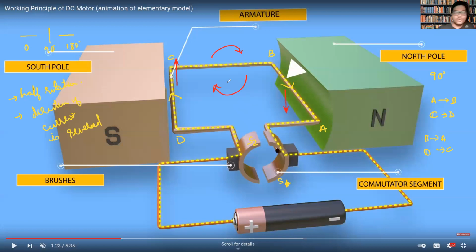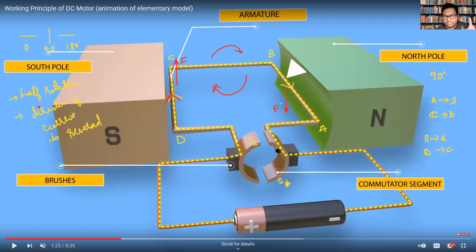Now, after half rotation, the split ring has made it possible for the direction of current to reverse, such that if you see now, the current is still flowing inside, the magnetic field continues to be in the left direction, so the force will be upward.